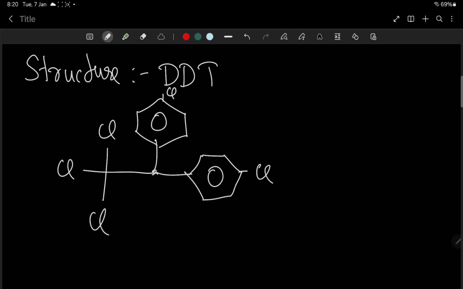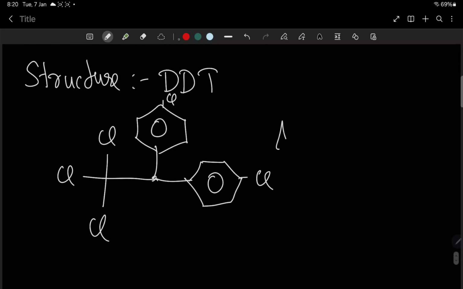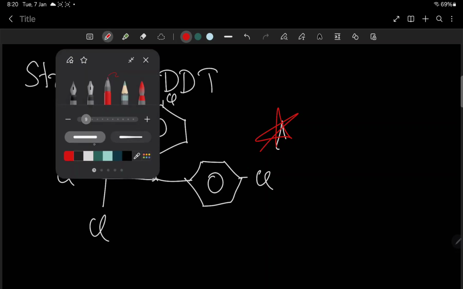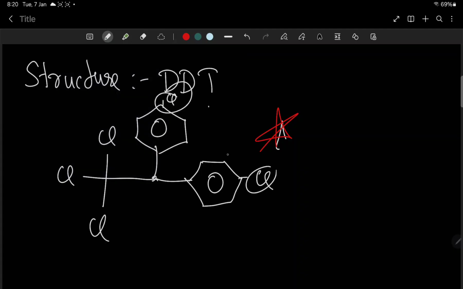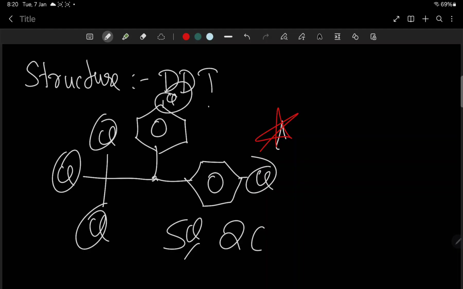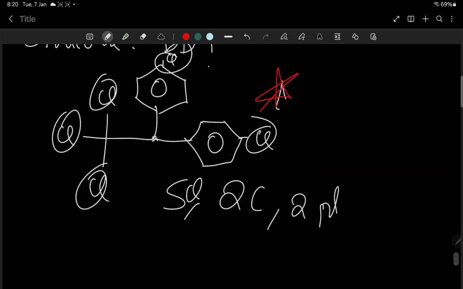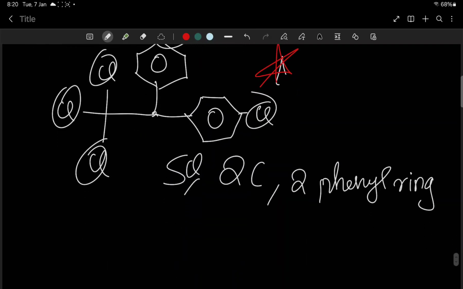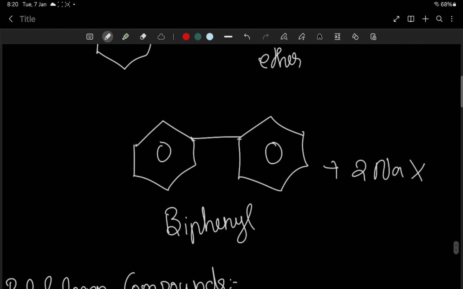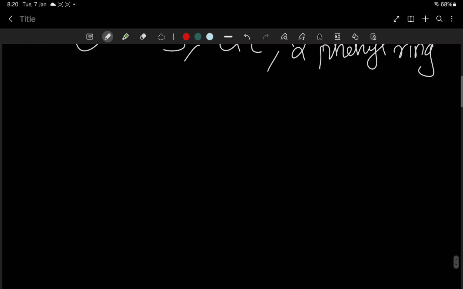This is the structure of DDT. This structure is important. They can ask how many chlorine is there. So just learn the number of chlorine also. There are 1, 2, 3, 4, 5 chlorine, 2 carbon, 5 chlorine and 2 phenyl rings. Full form also important: para-para-dichlorodiphenyltrichloroethane.